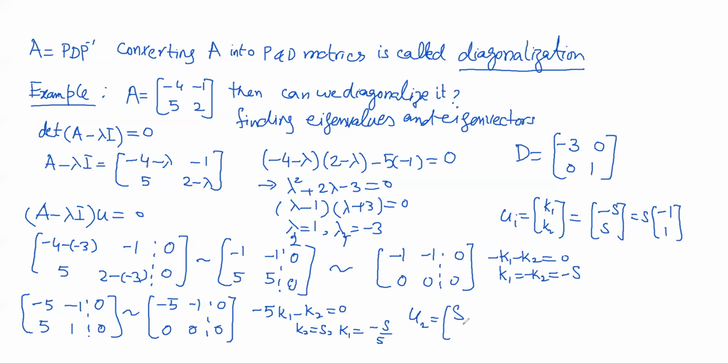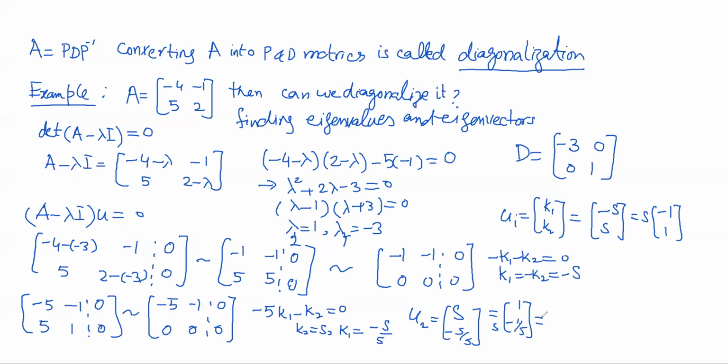So we will get s and minus s over 5. So it will be 1 and minus 1 over 5, times s. Normally, for eigenvectors, by convention, you do not want to put your answer in the form of a fraction.